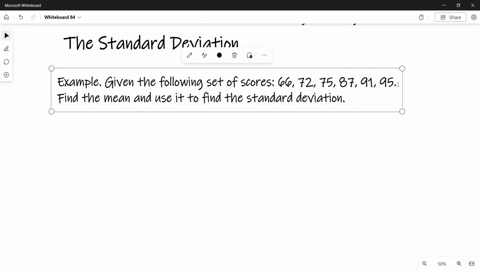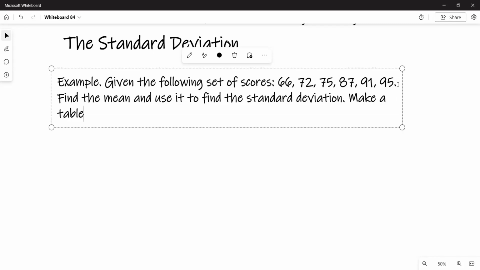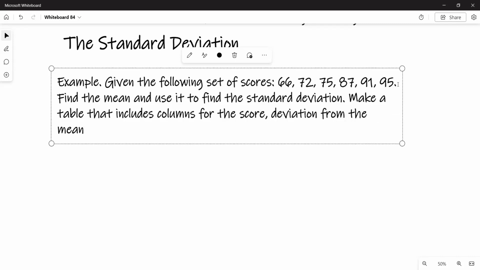We are going to make a table that includes columns for the score, the square of the score, the deviation from the mean, and the squared deviation from the mean.